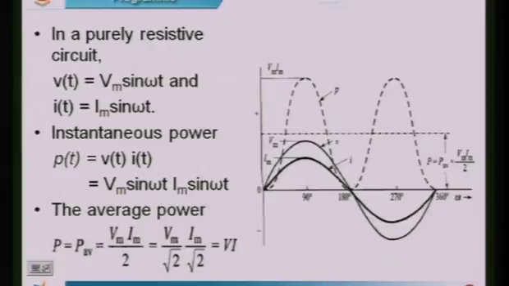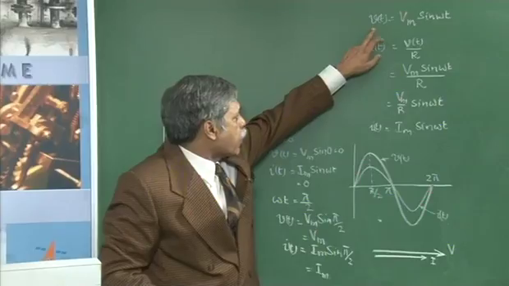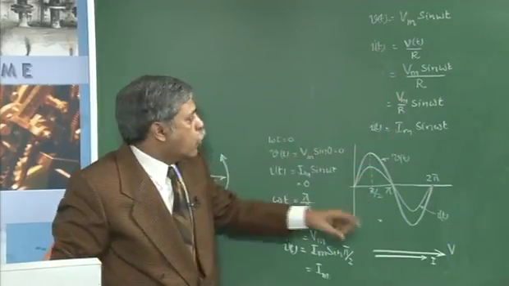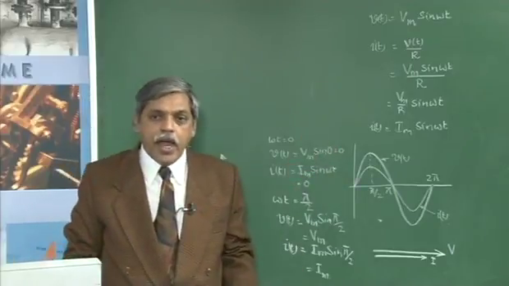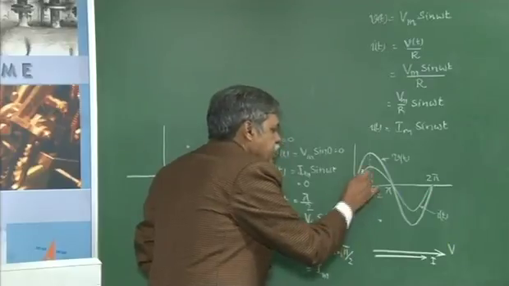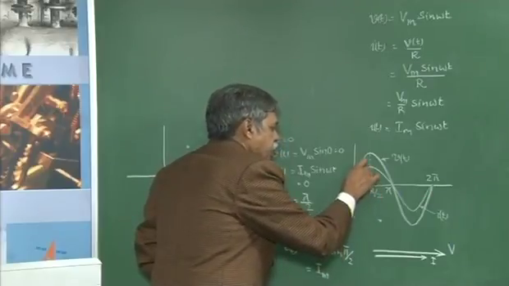Now I have given you the expression for the voltage applied across the resistor, and this is the current flowing through the resistor. If I calculate the power at any instant, I can take the value of the current at that instant and the value of the voltage at that instant.